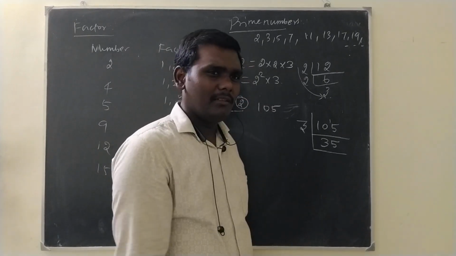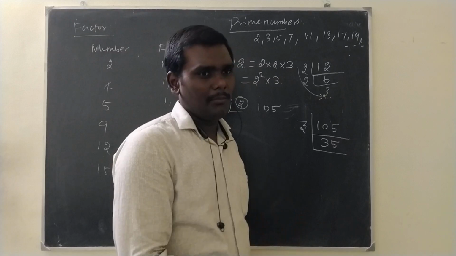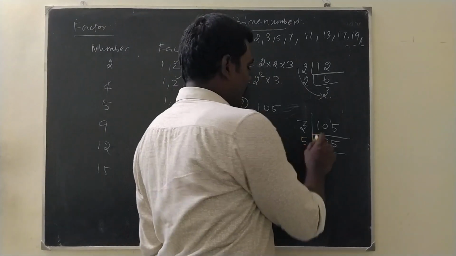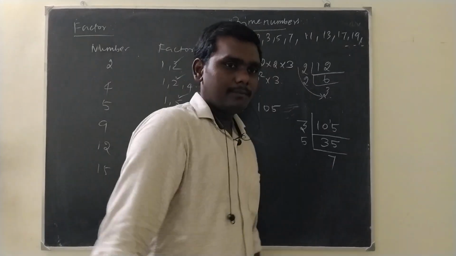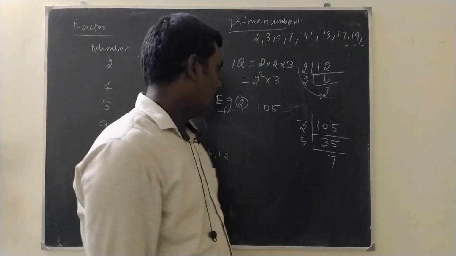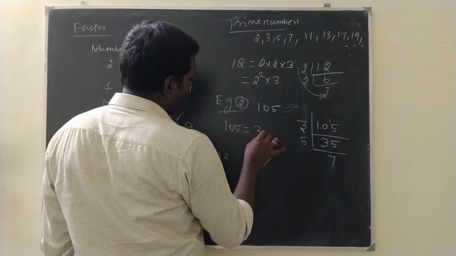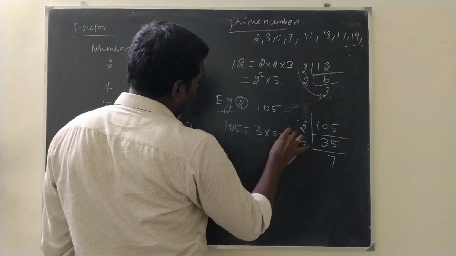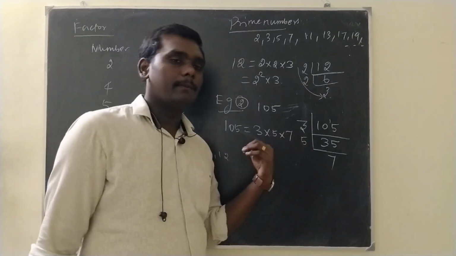Look at this number. 3 is possible? No, not possible. So we'll start with 5. Then 7. Is 7 prime or not? Yes, we got a prime number. So 105 can be written as 3 into 5 into 7. That is the prime factorization of 105.